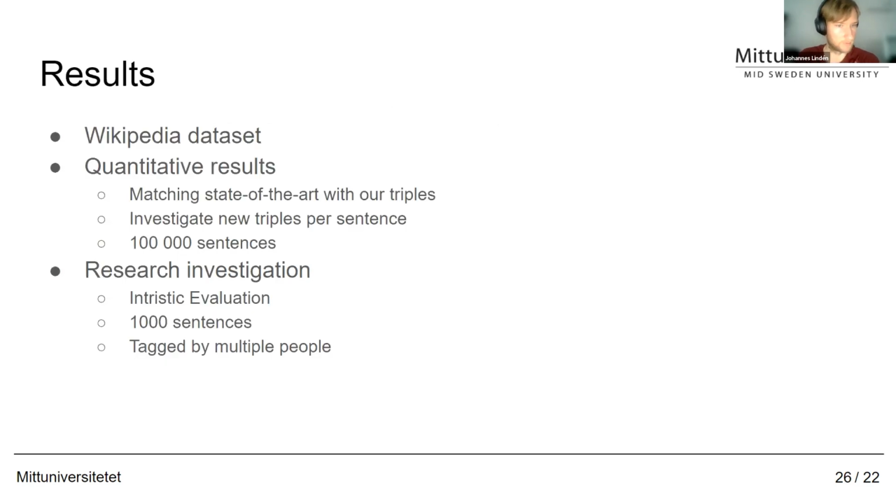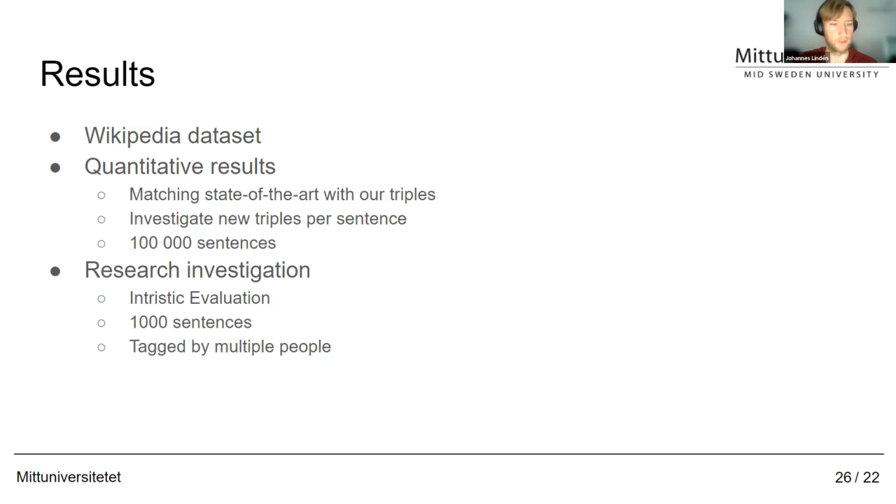And the results: we have used the Wikipedia dataset for both Swedish and English, and conducted a quantitative part where we evaluate how it would perform when we have a lot of data. We tried 100,000 sentences and evaluated it across the algorithms and investigated how many newly found triples per sentence we can find in an iterative process.